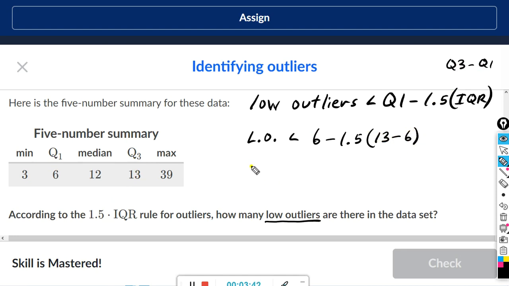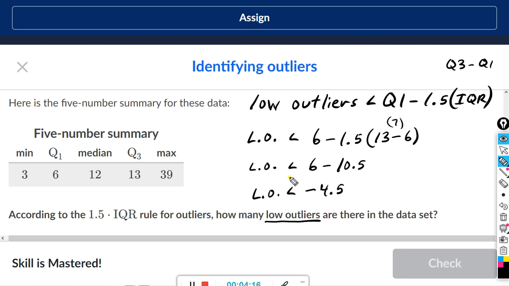The low outliers are less than 6 minus 1.5 times 7. 13 minus 6 is 7, and 1.5 times 7 is 10.5. So the low outliers are going to be less than negative 4.5.